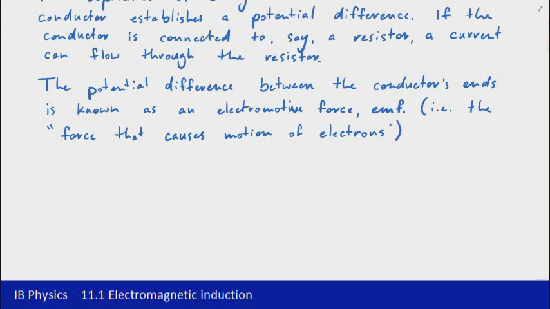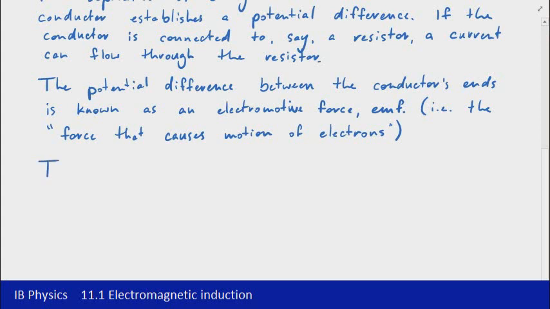And again, I can't stress enough, it's not actually a force here. The EMF is a potential difference. So make sure you've got that very clearly identified in your mind. EMF is a potential difference. Things like batteries can be considered to be an EMF because they provide a force that causes a motion of electrons, or any component that causes electrons to flow.